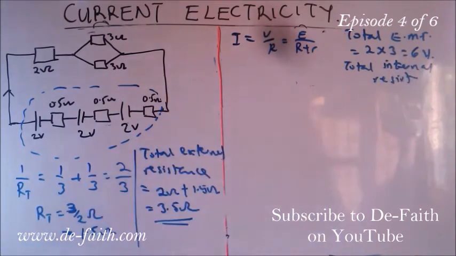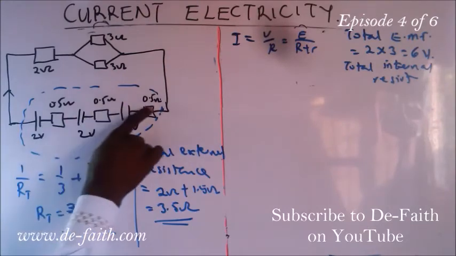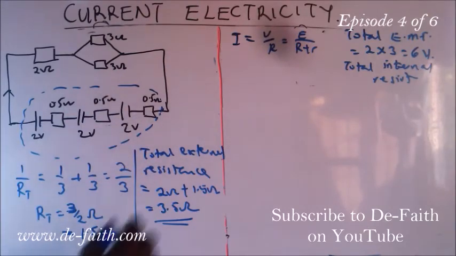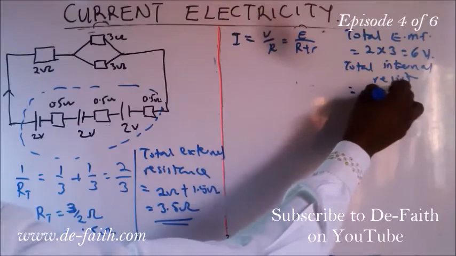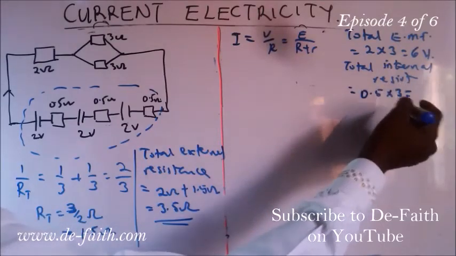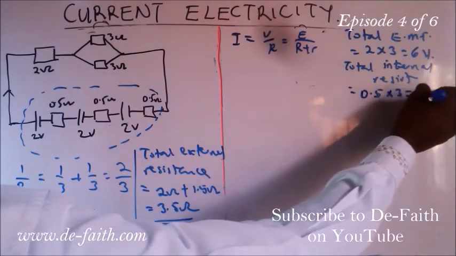And how do we get that? We get that by multiplying each of the resistances by 3, because we have 3 internal resistors. So we have 0.5 multiplied by 3, and that gives 1.5 ohms.